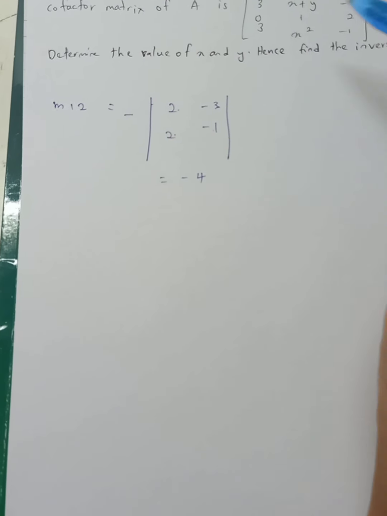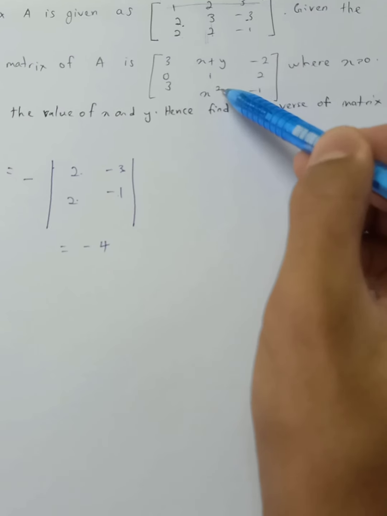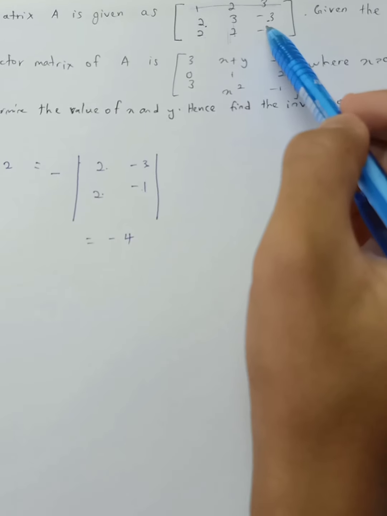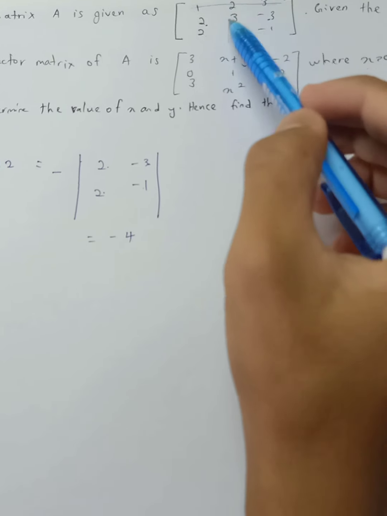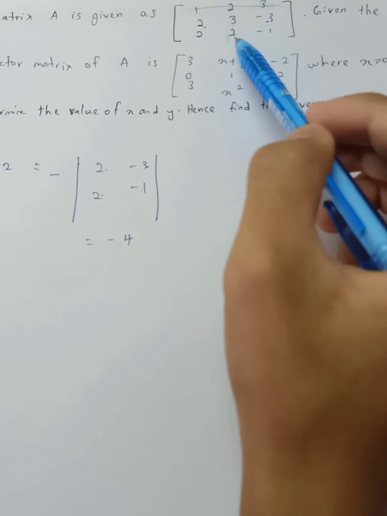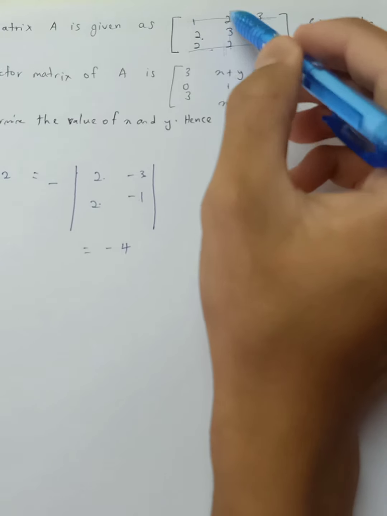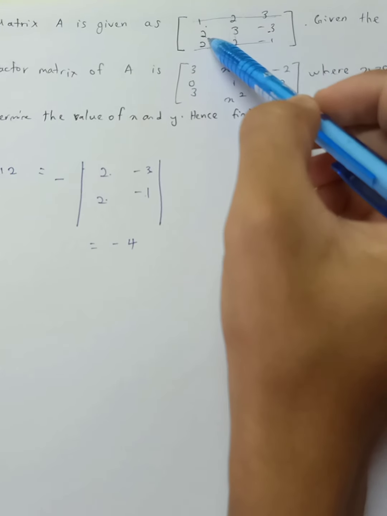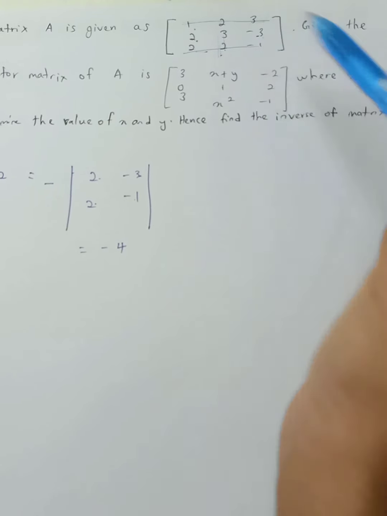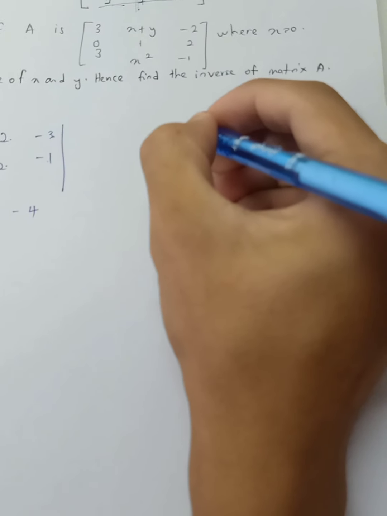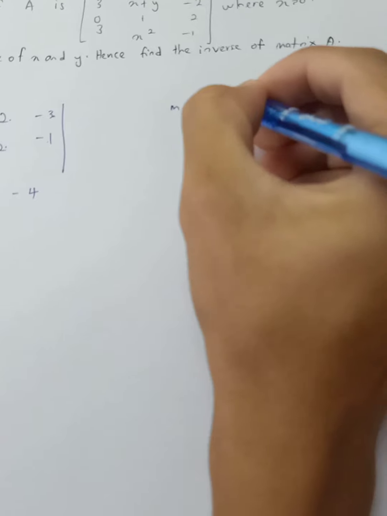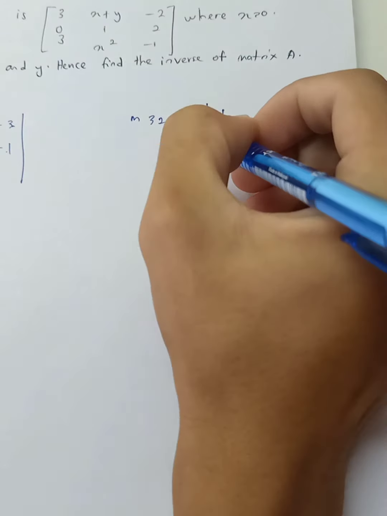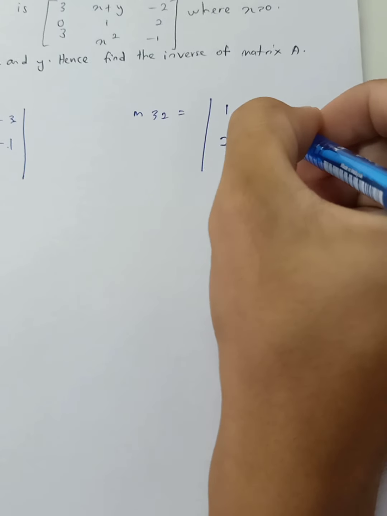Alright. So let's find the x squared. X squared is located at the third row and second column. So we get the matrix M32 equal to negative 1, 3, 2, negative 3.